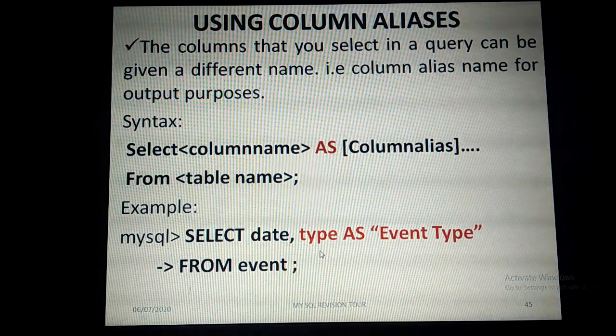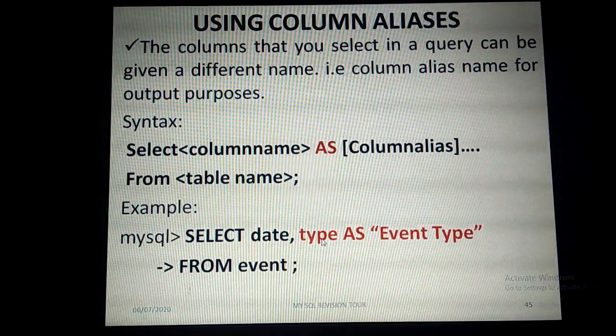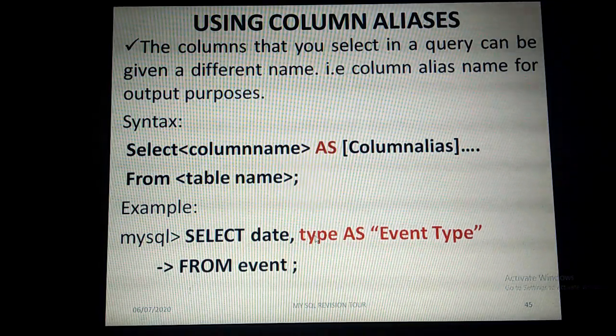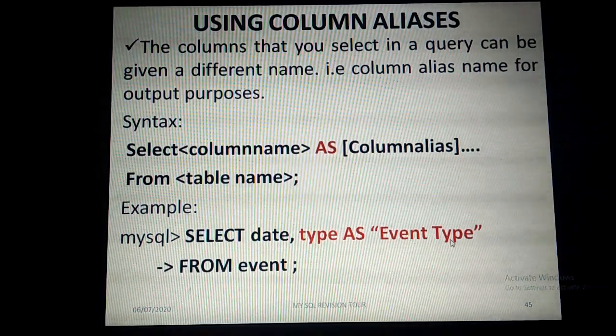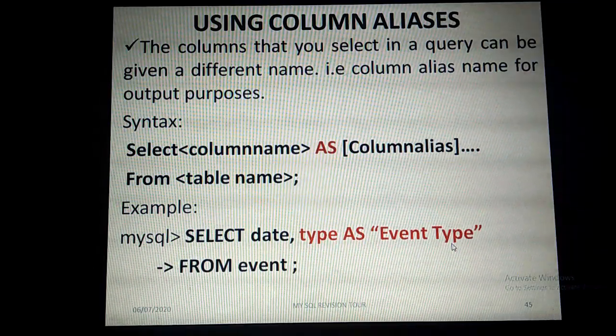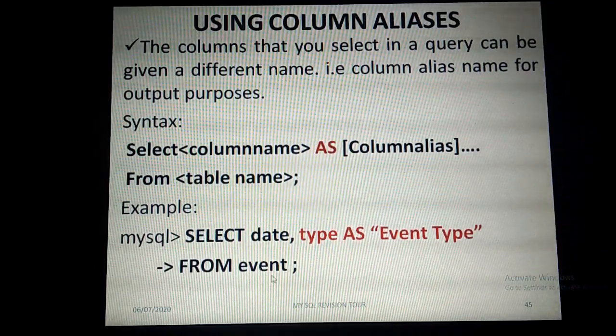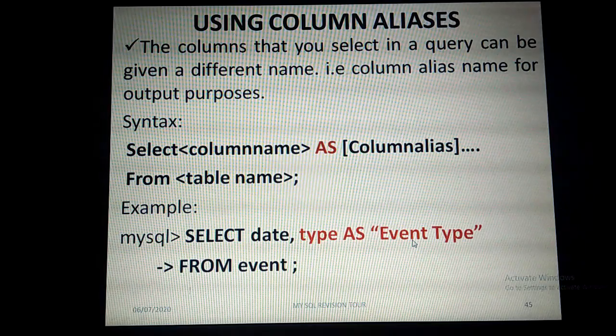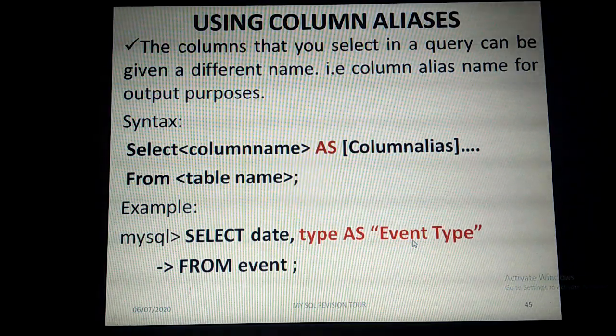Two columns we are going to display here, but type we need to display as a heading as event type. So type is going to be changed as event type when we are getting the output, that is the view table, from event table, at the end semicolon. Here type we changed as event type, that should be given within double quotes. So whichever alias name we are giving should be mentioned within double quotes after the as keyword.